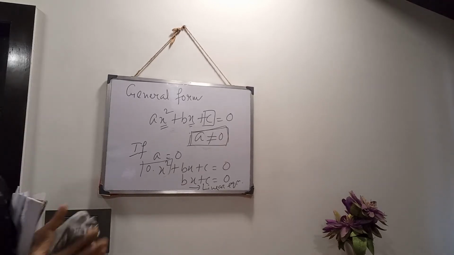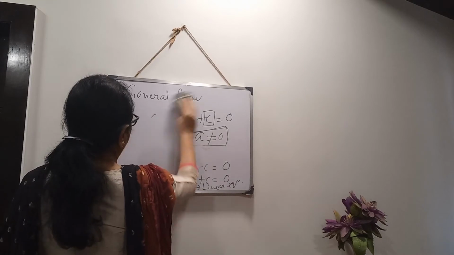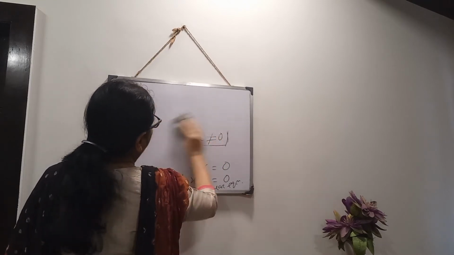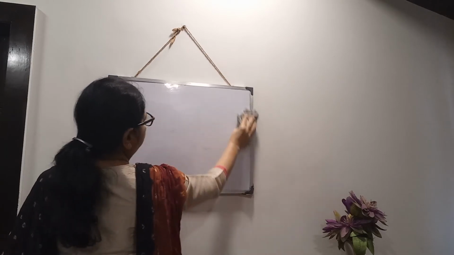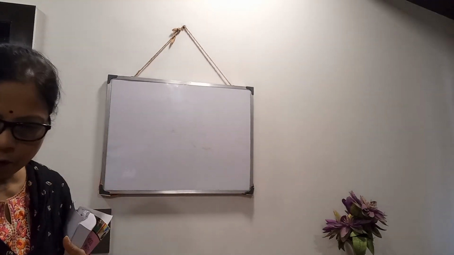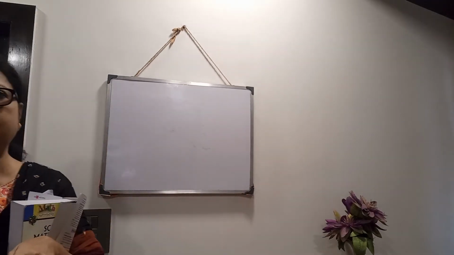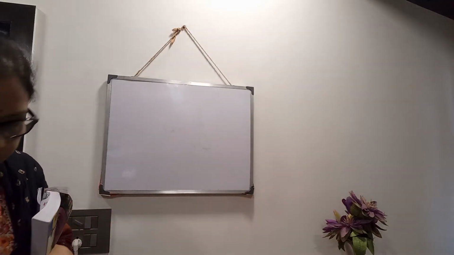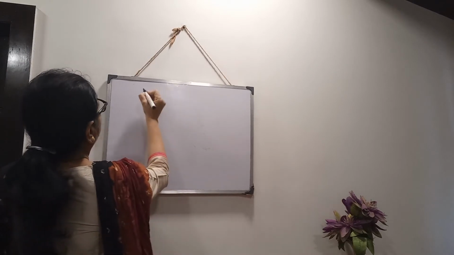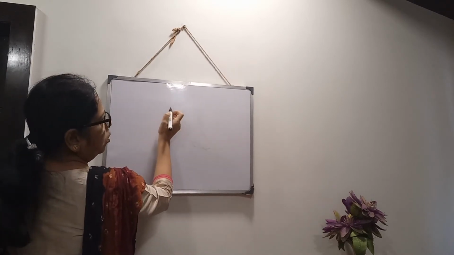Clear? Then after solving any quadratic equation, you will get two values of the variable. These two values are called two roots.